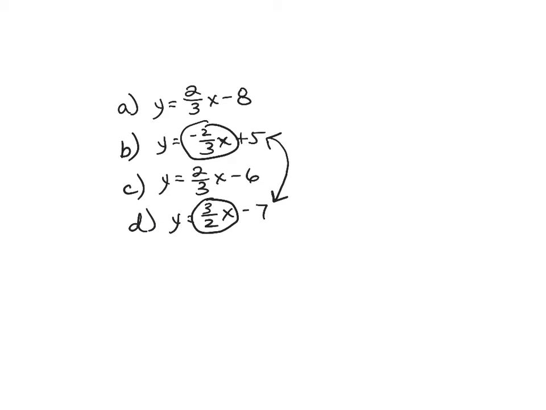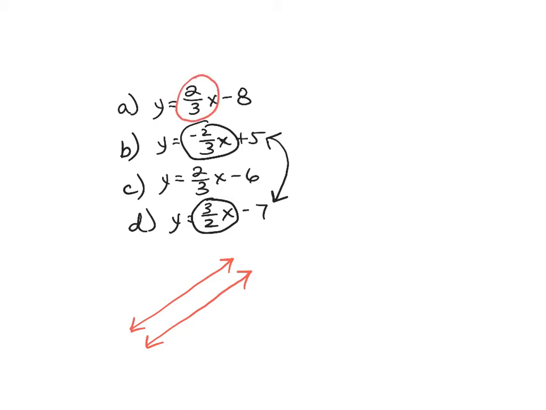So if perpendicular lines have opposite reciprocal slopes, what must be true of parallel lines? Parallel lines, lines that are exactly the same distance apart, equidistant apart all the time, must have exactly the same slope. So when I take a look at these four equations again, which ones have exactly the same slope?